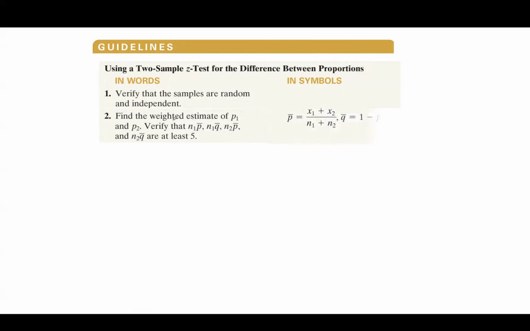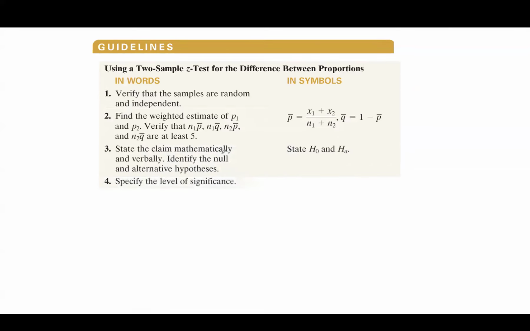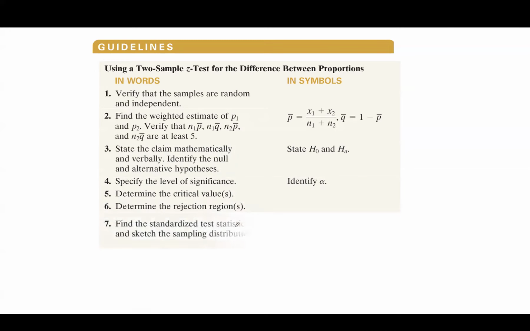The weighted estimate or pooled estimate is x1 plus x2 divided by n1 plus n2. State the claim. Identify null and alternative hypotheses, and specify the level of significance. You can determine the critical values to find the rejection region, or you can find the standardized test statistic and find your p-value.